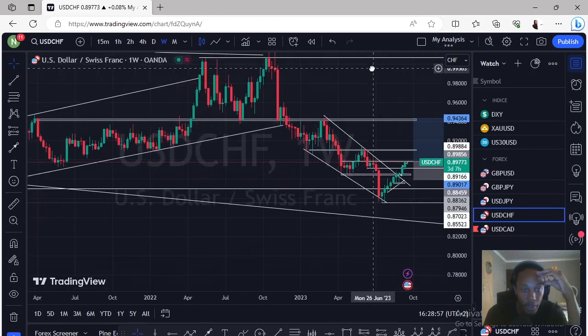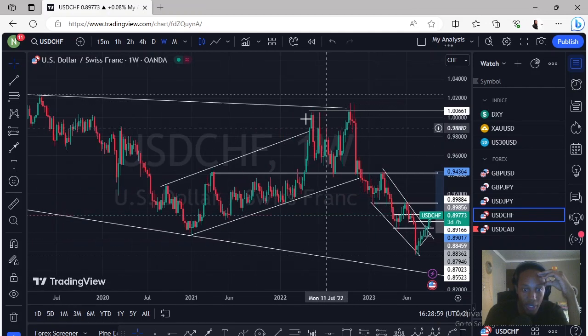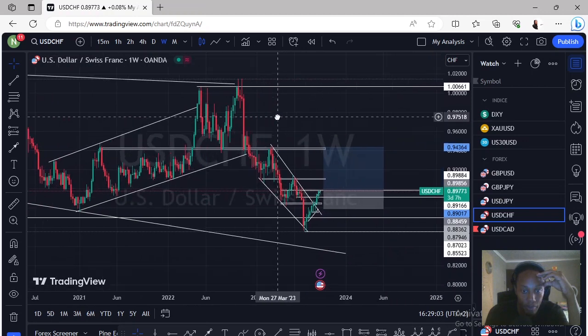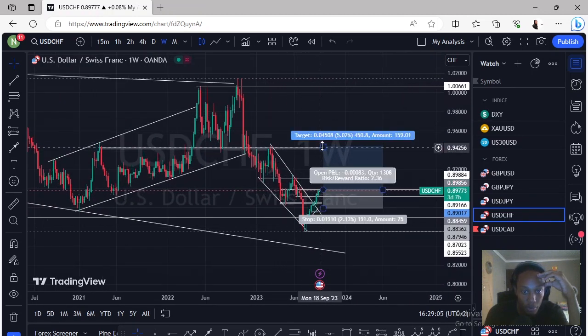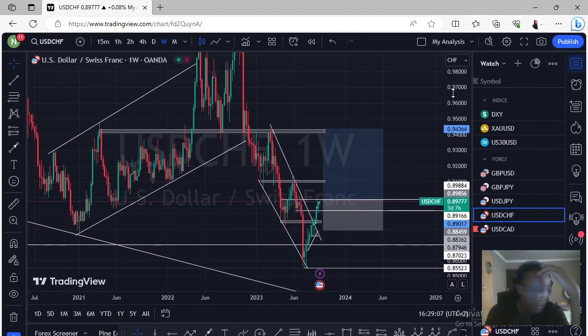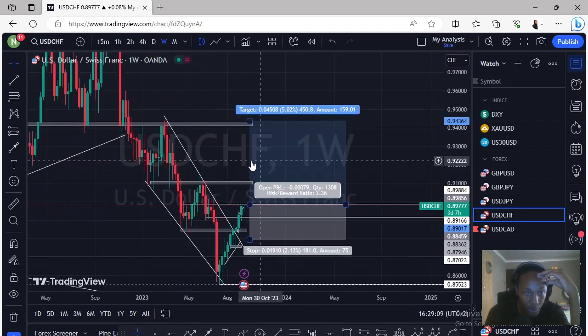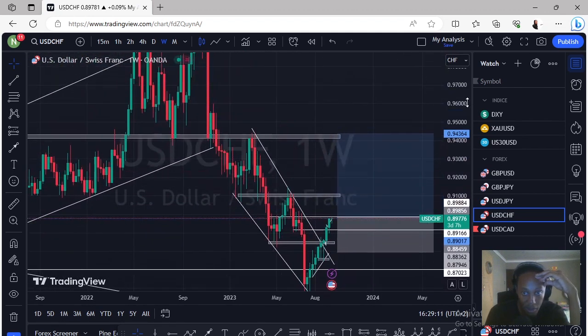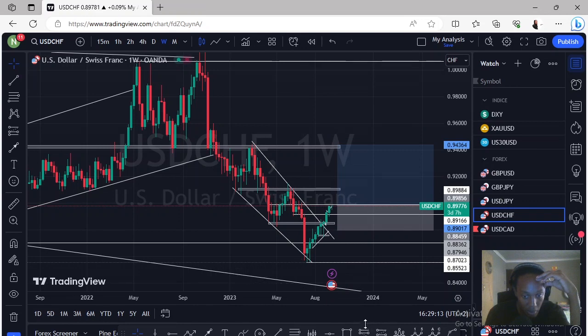So on the weekly, we had this double top. That's the reason why the market went down. Let me just see something.